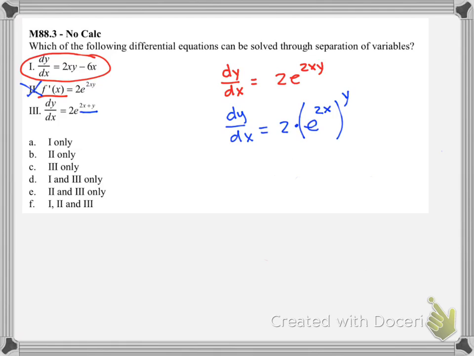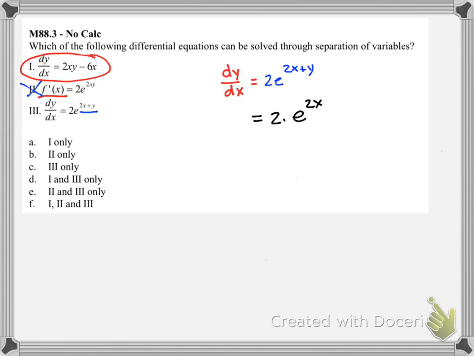Now we'll look at the last one. Using our power rules, the same base with added exponents will equal 2 times e to the 2x times e to the y equals dy/dx. Now we can see our product.